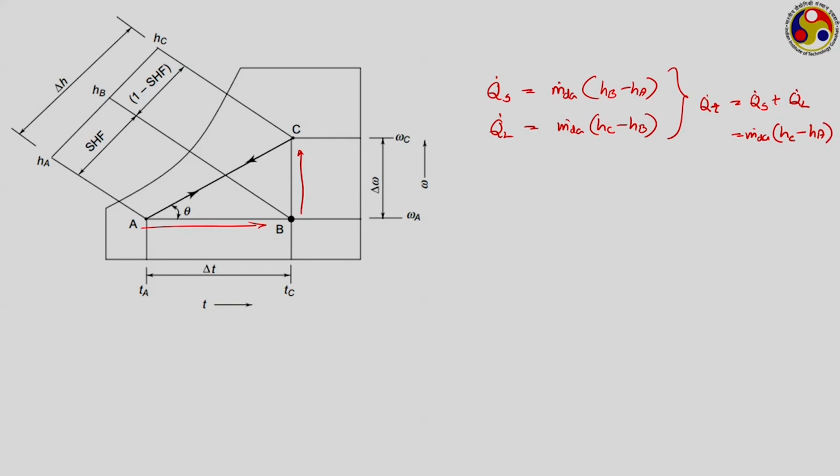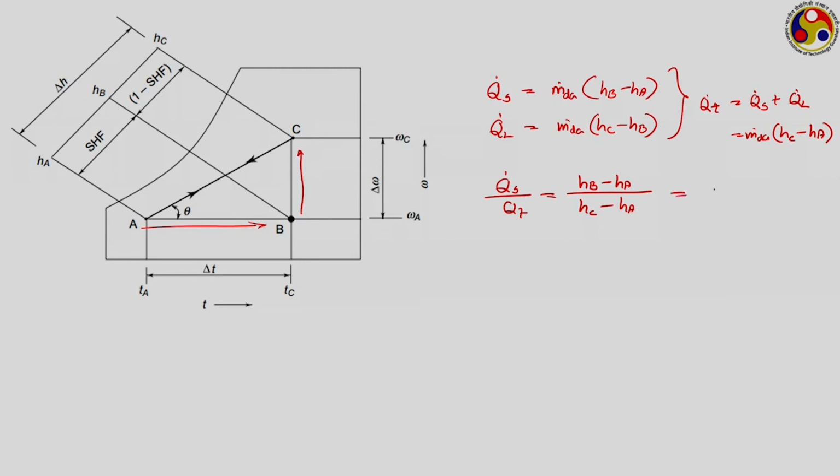Now, quite often here we define one particular parameter which is written as Q_s, the sensible heat transfer, divided by the total heat transfer. That is, we have Hb minus Ha, the sensible heat transfer part, by Hc minus Ha, the total heat transfer.